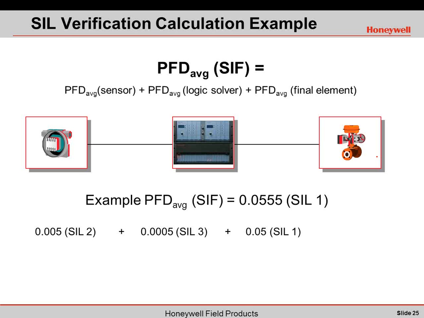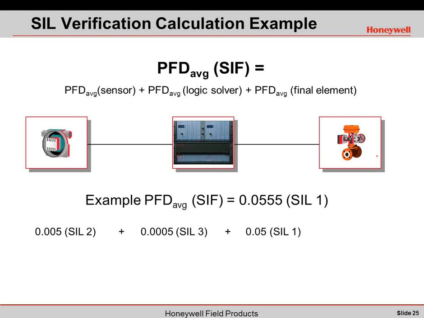So the SIL calculation for the overall SIF is the sum of these individual probabilities of failure. What we come up with in this case is 0.0555, or 5.55% would be the probability of failure.